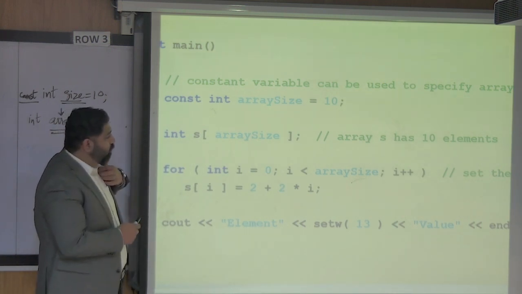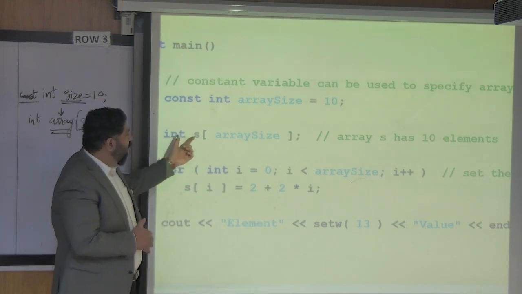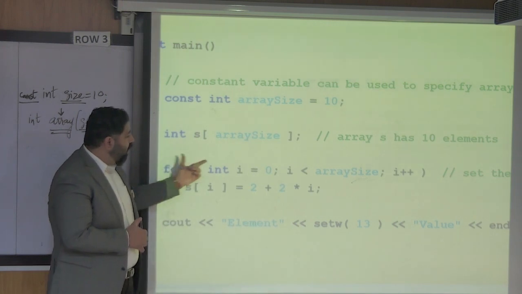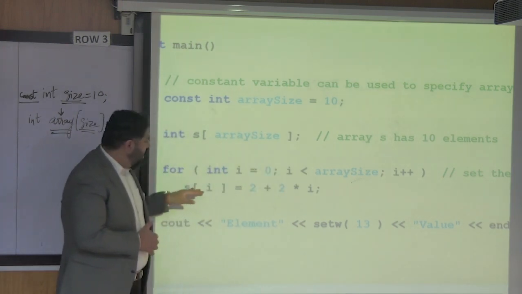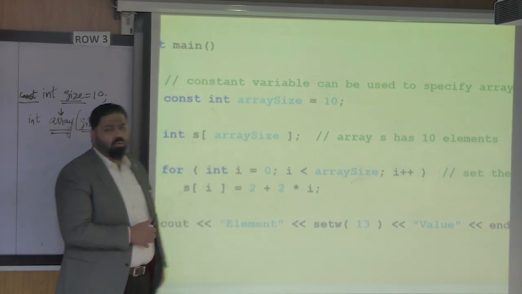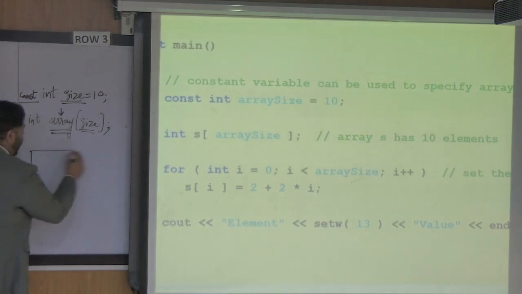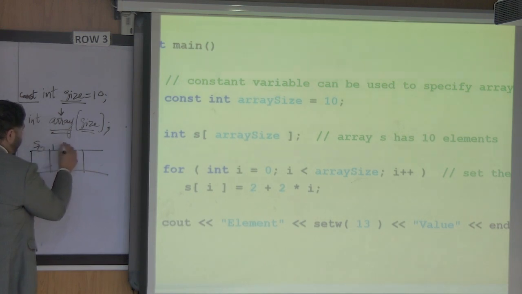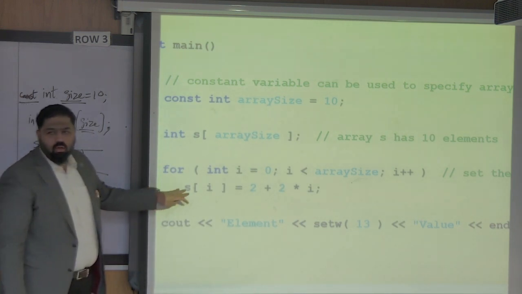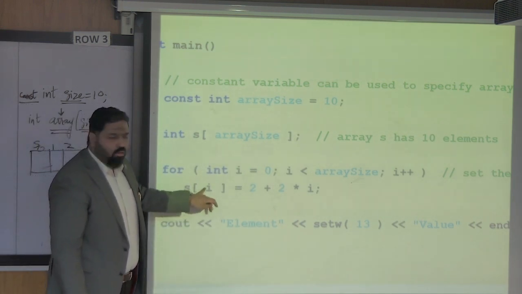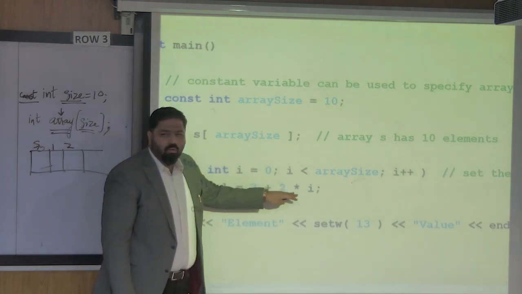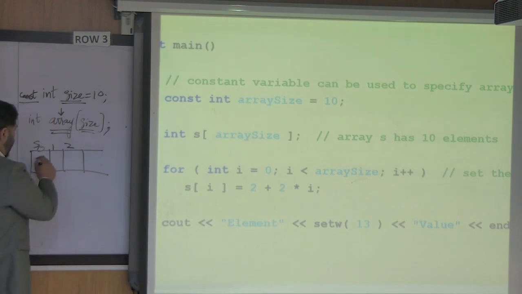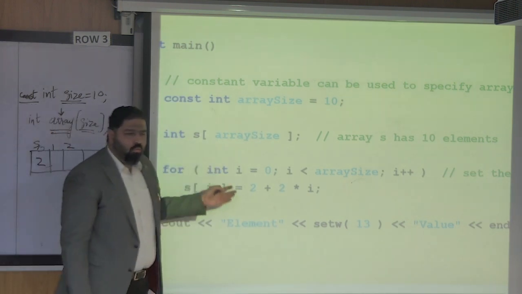So coming to this scenario, S is an array of size size, which we have declared. For I equal to 0, I is less than size. S of I equals what? What will it be initialized with? S of 0 equals 2 plus 2 into 0. 2 plus 0 is 2.